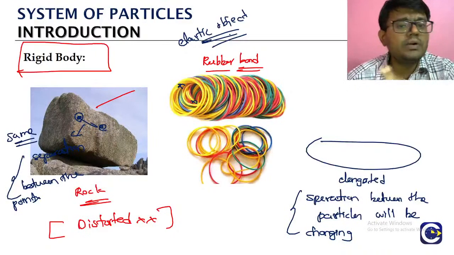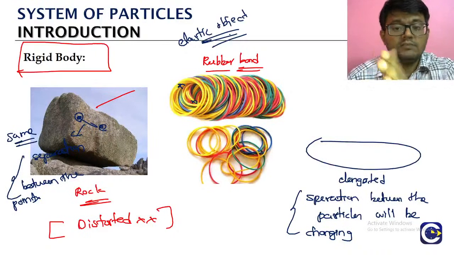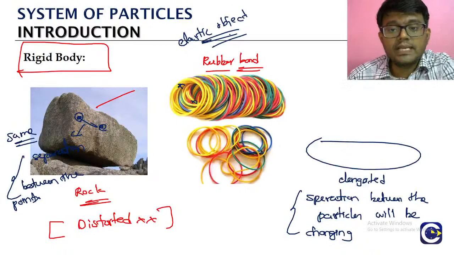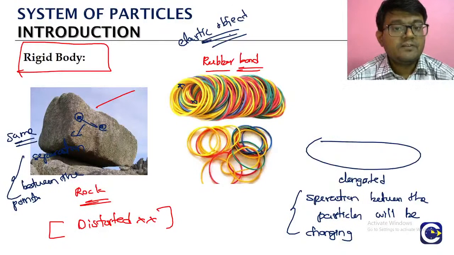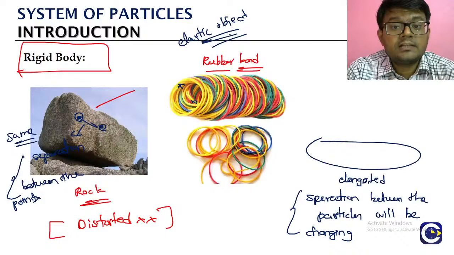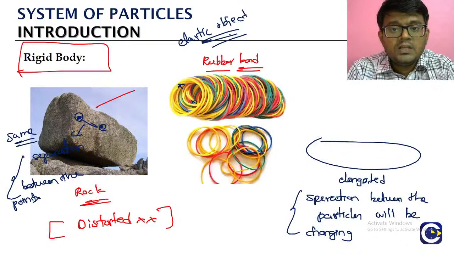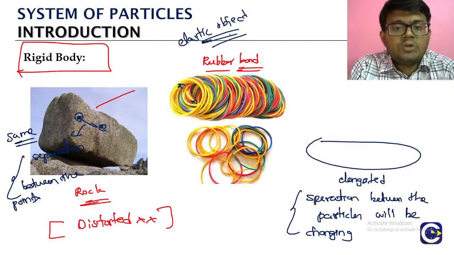We will see how it gets complicated, but for that we should first start with the motion of a system of particles, because that is a countable number, and we are able to study the motion of those particles.